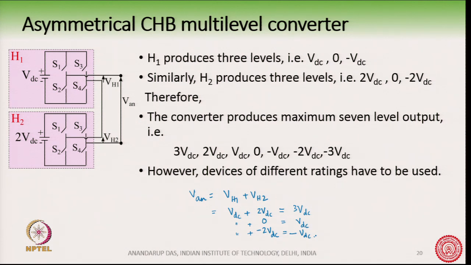So, in this way if you go on doing, we will see that we actually get 7 levels of voltage, spanning from plus 3 VDC to minus 3 VDC with a 0 in between. So, 3 VDC, 2 VDC, VDC, 0, minus VDC, minus 2 VDC and minus 3 VDC.